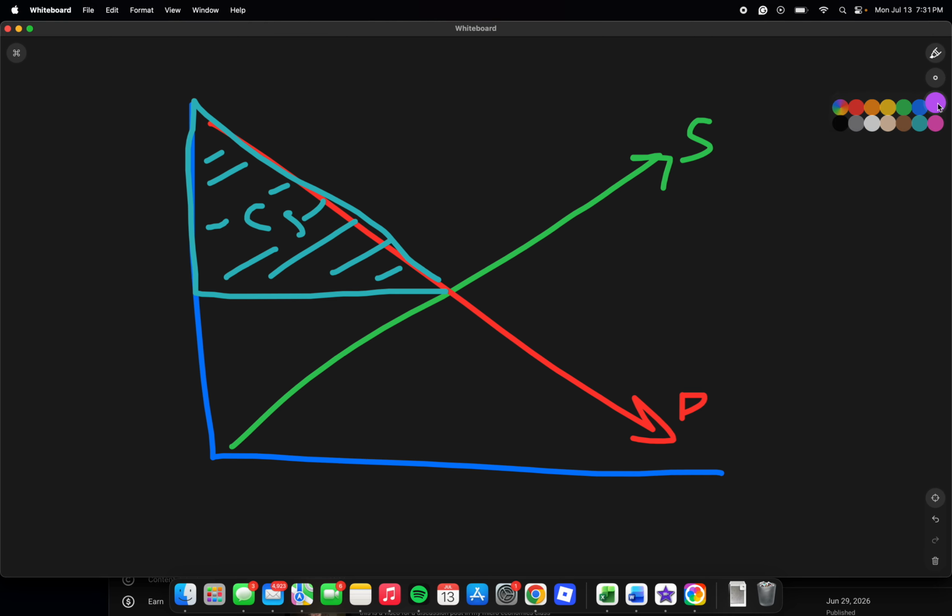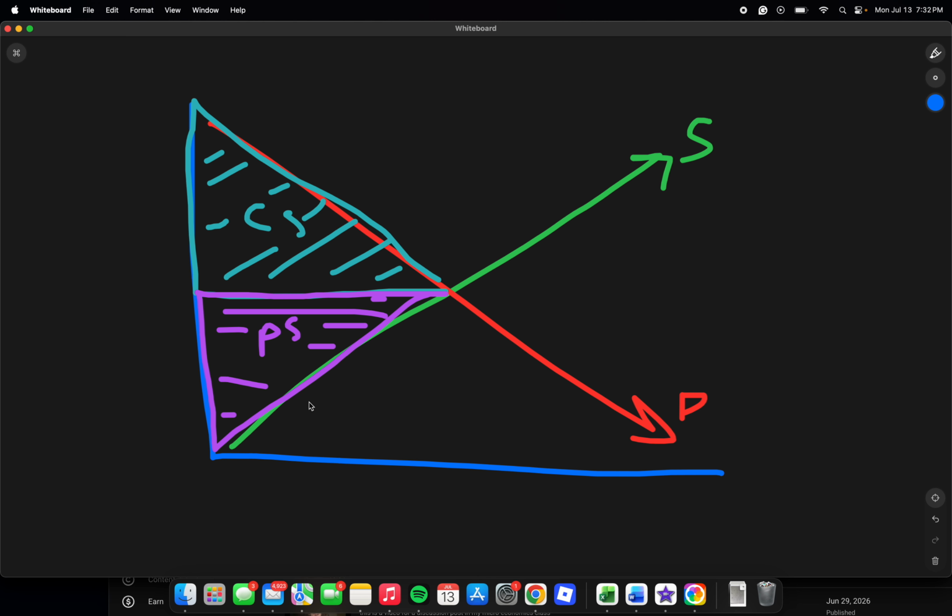We also have a producer surplus, which is here, and that should make sense, right? Pretty obvious. And the way I want you to think about all this is, sorry, my shading isn't great.